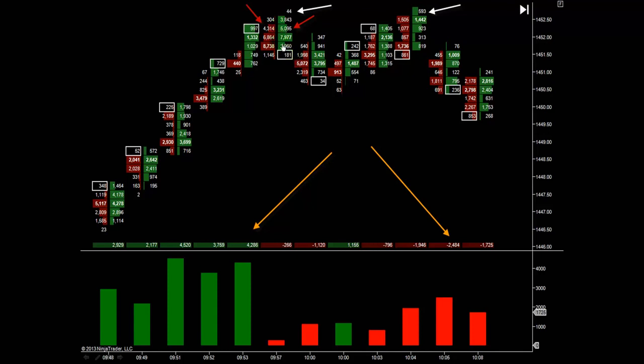Okay, now let's take a look at the white arrows. So we can see that we peaked up here and we just printed 44 contracts. There's no buyers there. Now it probably just slipped through momentarily. If we had absorption here on the offer side, what you'll find is sometimes they're rebuilding the ceilings again and again.